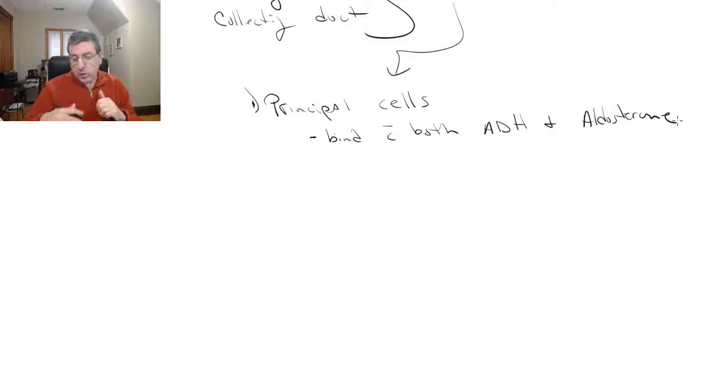Okay, those names should be familiar to you because we did cover them last semester. We will cover them again. But the principal cells bind with both ADH and aldosterone. And the second type of cell is intercalated cells.